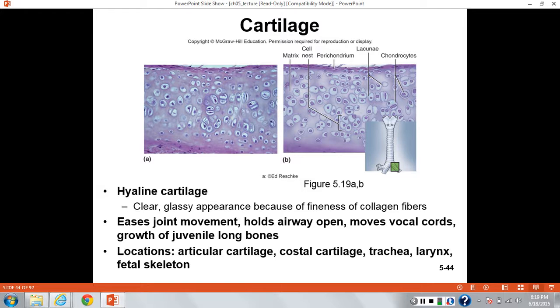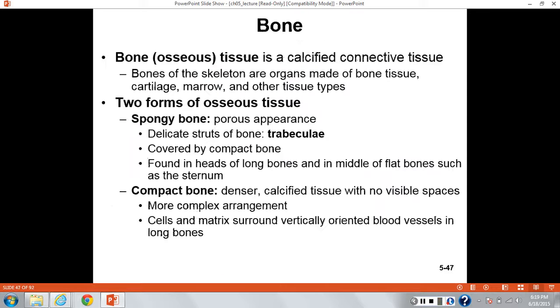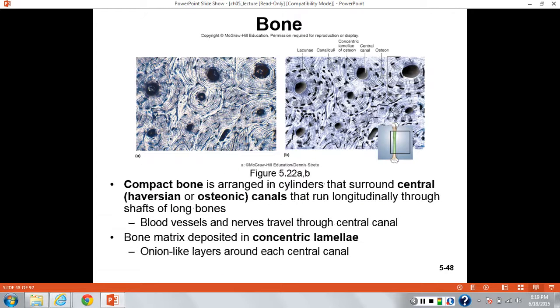So the one that's around bone, like you see it, that would be hyaline. That's a picture of what? Bone. Alright? You got your concentric lamellae, you got your Haversian and Volkmann's canal, but this is what we call osseous tissue. Okay?